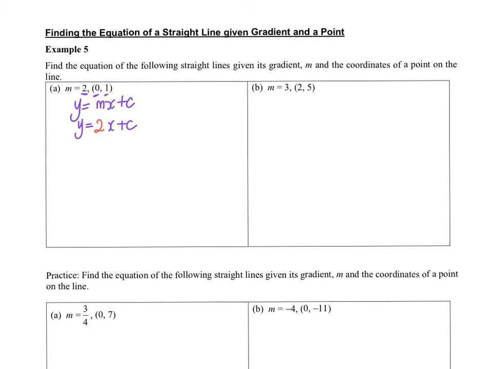What does (0, 1) tell me? 0 tells me this is the x value, and 1 tells me this is the y value. So if I were to substitute this point into my equation, I will have y to be the number 1, and x to be the number 0, and that means I'm left with a plus c.